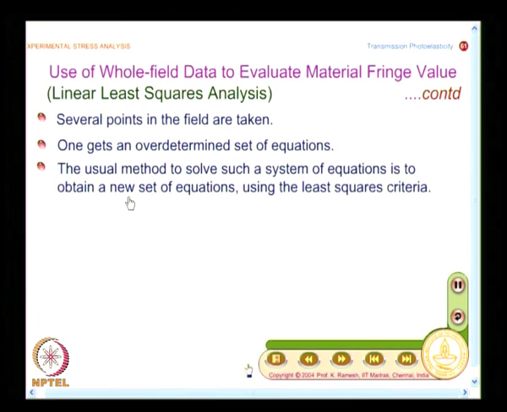And for me to get a new set of equations, I must first write the error term, because if I have found all the coefficients correctly and then I take a data point, the error would be 0, because I have evaluated all the parameters correctly and it matches with the data point. And I said, in any experiment there would be some sort of scatter. So, instead of the error being 0, we will only minimize the error.